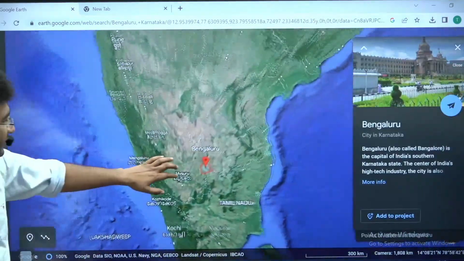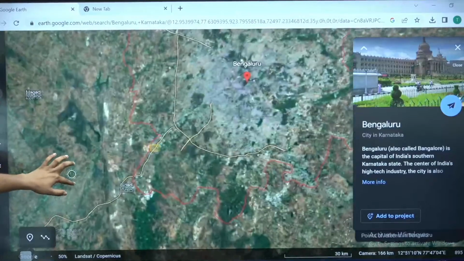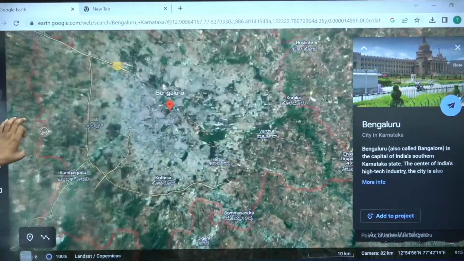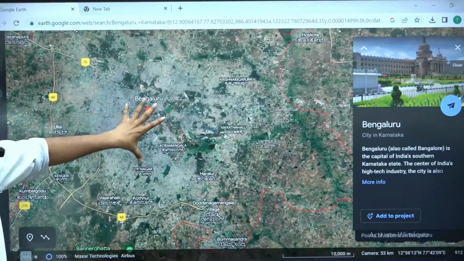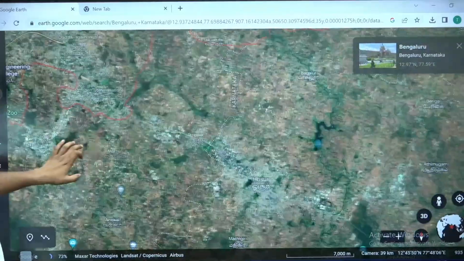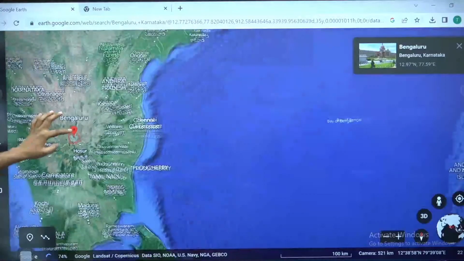Look at the shape of the city itself. You look into the settlement patterns in Bangalore. Much of the settlement is here, and the satellite towns are far, far away. The connectivity is irregular.